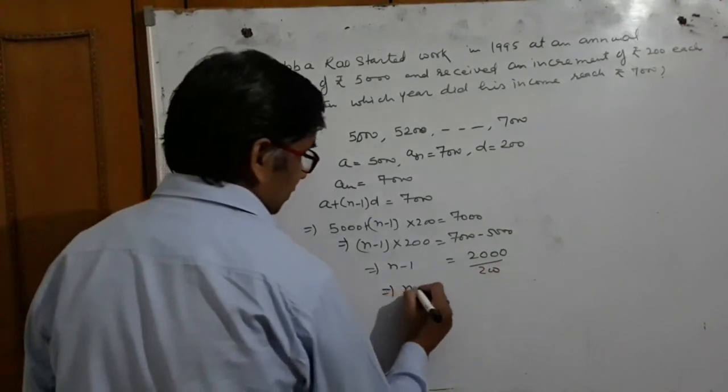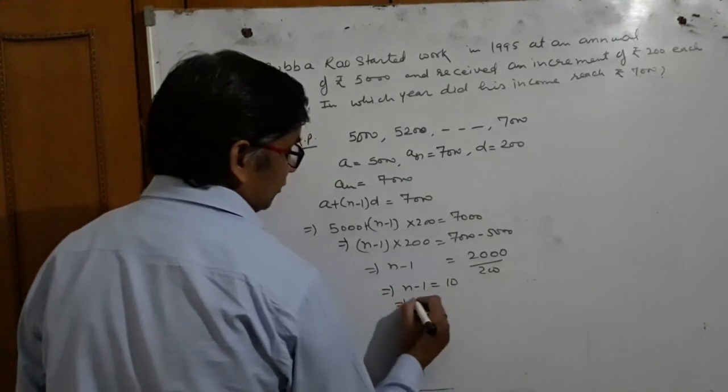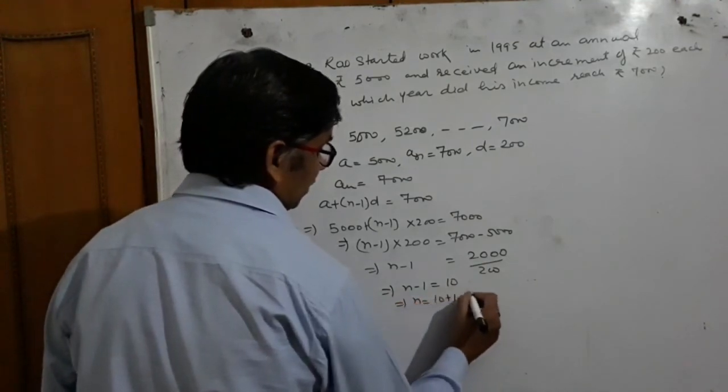So n minus 1 equals to 10. So n equals to 10 plus 1, 11.